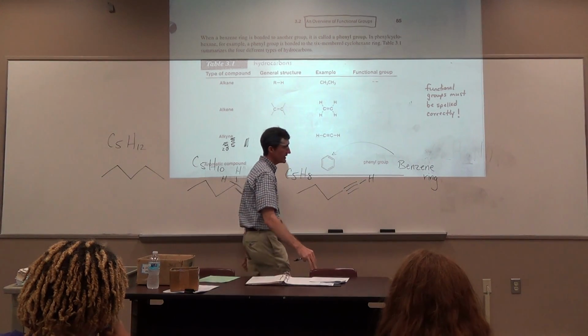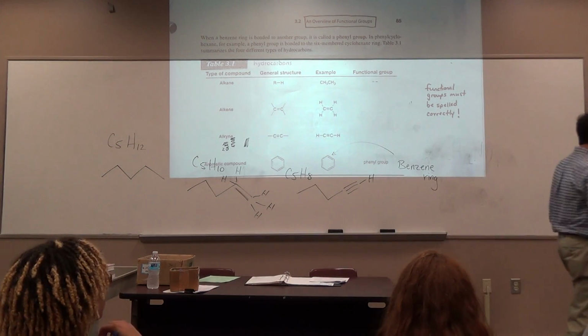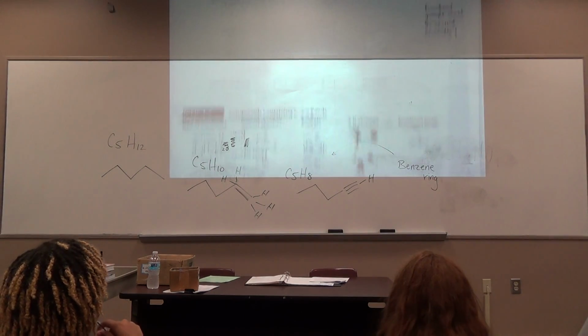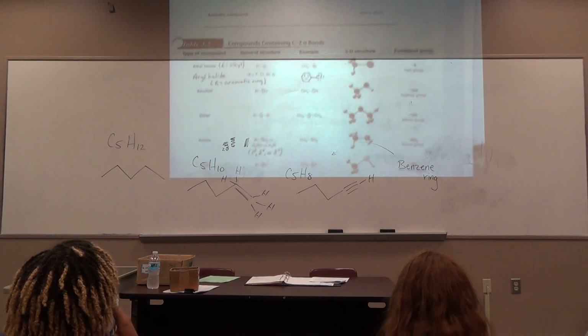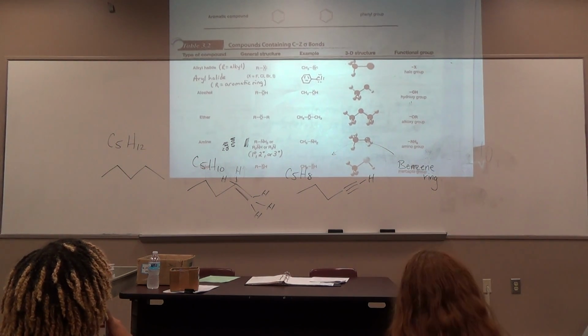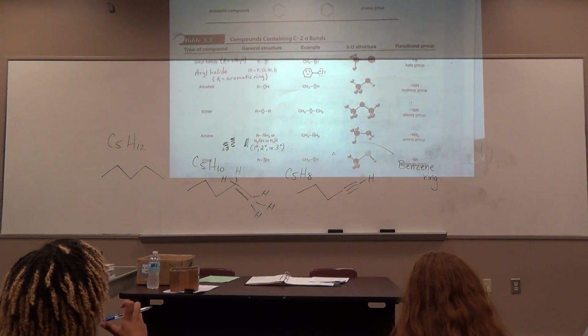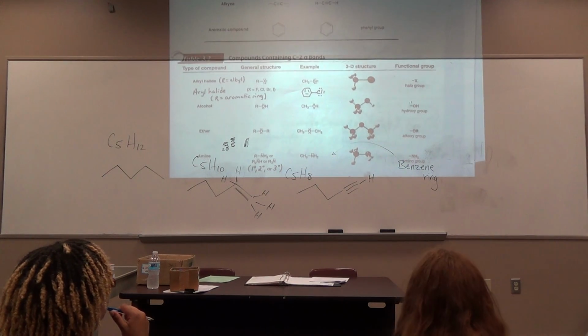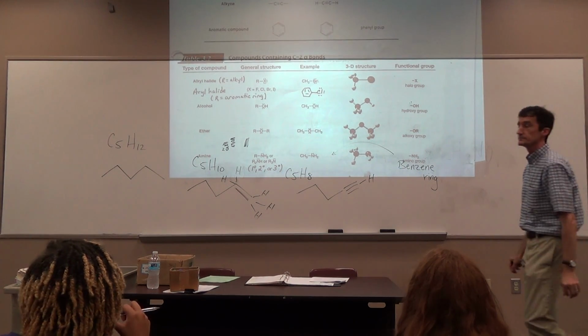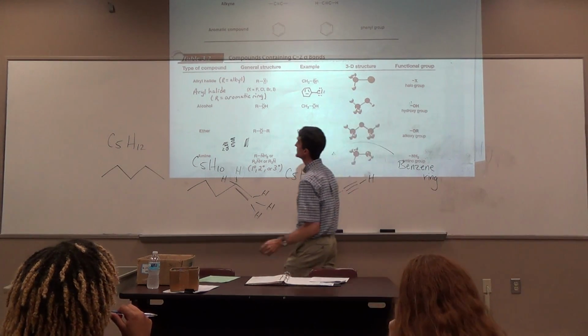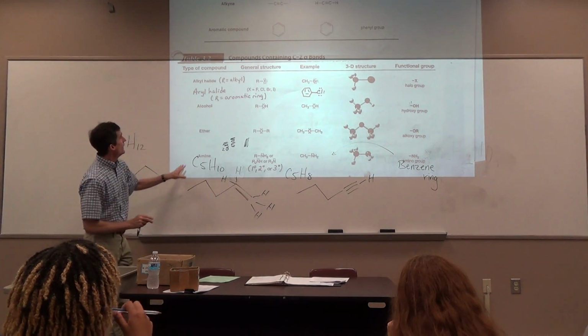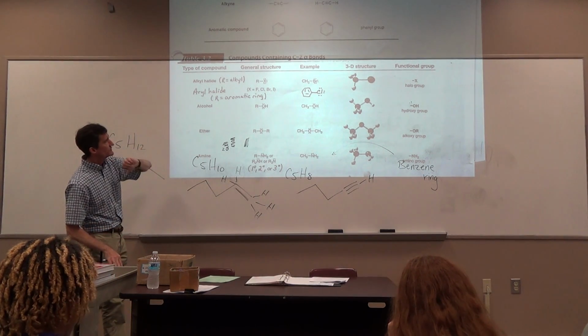Now we can get down to compounds that are more than just hydrocarbon. This table calls it CZ bond. I'll basically say we now have a heteroatom, heteroatom meaning non-carbon. You can have halogens.